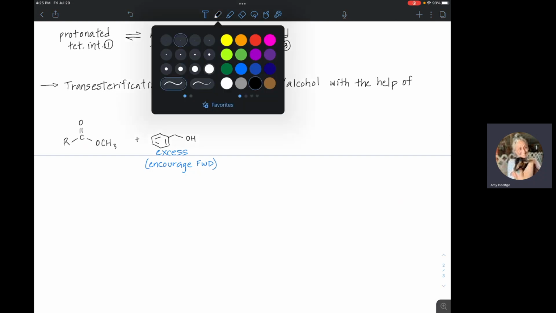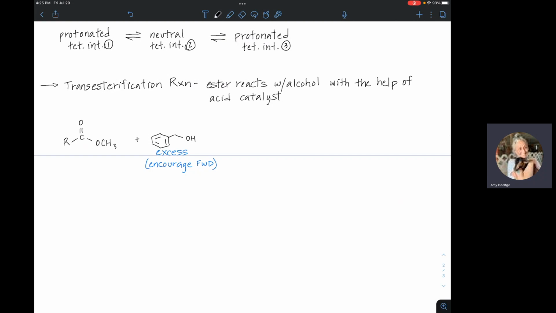By Le Chatelier's principle, because this is going to follow a similar reaction mechanism. You protonate the carbonyl of the original ester using our acid catalyst.